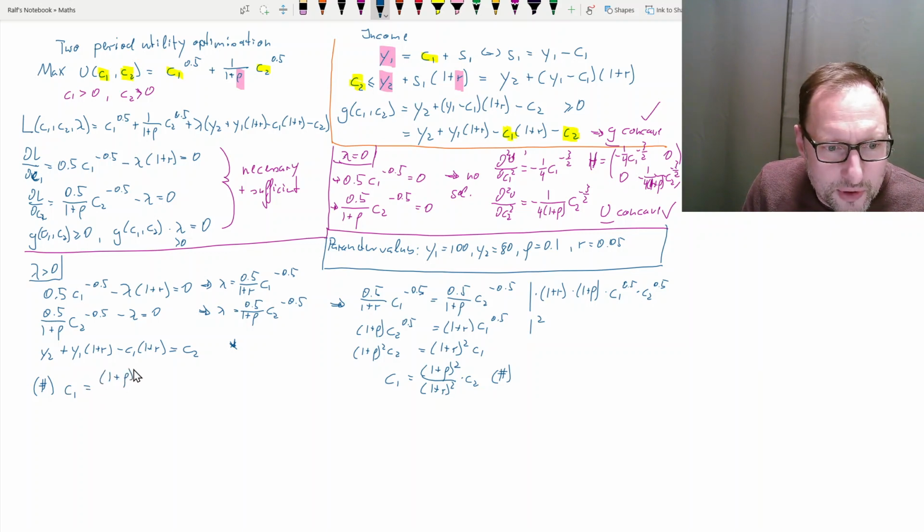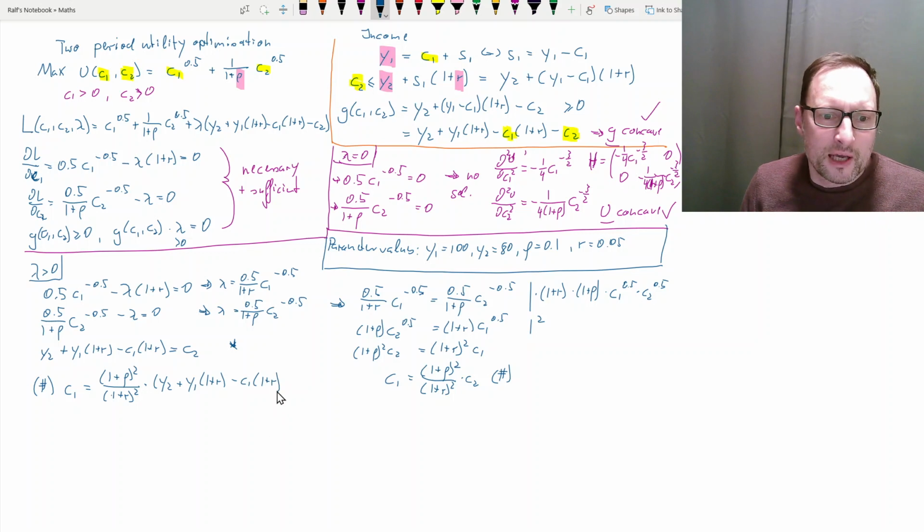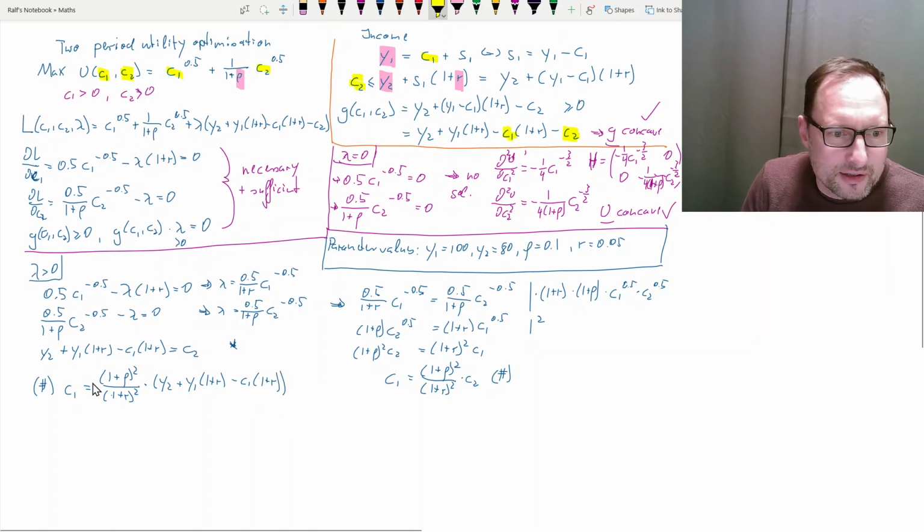C1 is equal to (1 plus rho) squared over (1 plus r) squared times y2 plus y1 times (1 plus r) minus C1 times (1 plus r). Okay, so now we have, let me just highlight this, a function with only one variable.